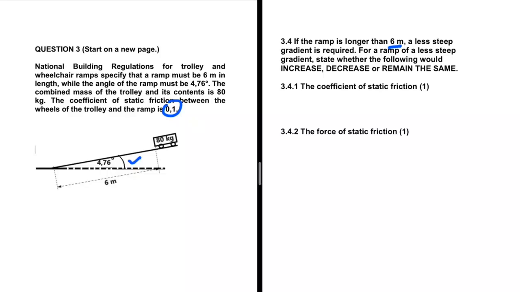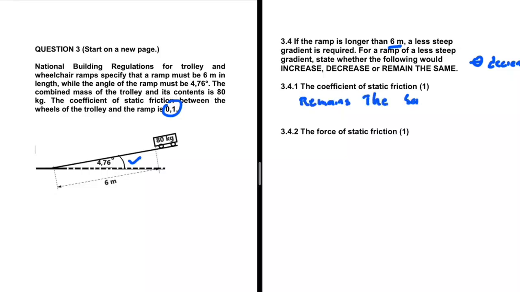So we are saying what will happen to the coefficient of static friction and the force of static friction if θ decreases, right? You need to understand what the consequence of a less steep gradient will imply. θ decreases. So the coefficient of static friction remains the same.